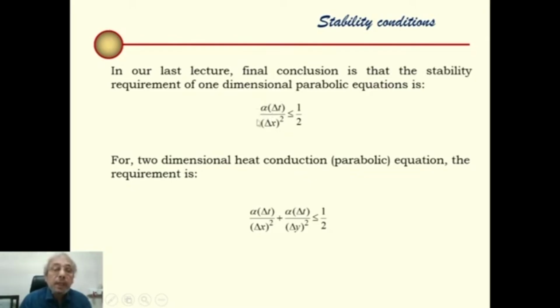We'll take it up later, but right now, as an example, we took up the one-dimensional heat conduction equation, and we also discussed the two-dimensional heat conduction equation, which is also a parabolic equation. For that, we found alpha delta t by delta x square plus alpha delta t by delta y square less than or equal to half. So this was the conclusion of our last lecture.